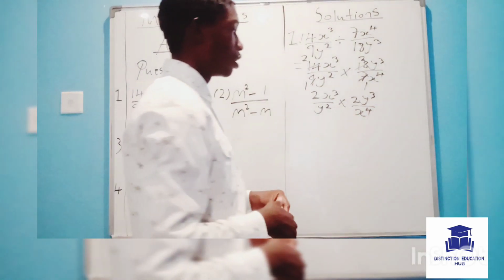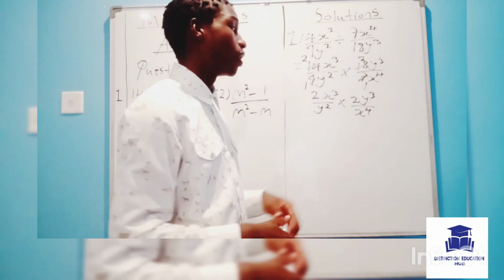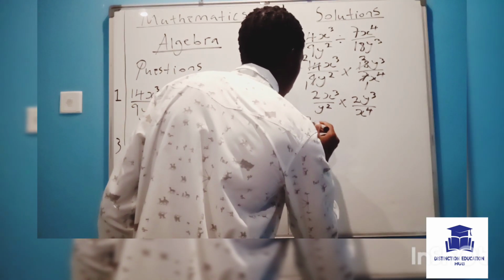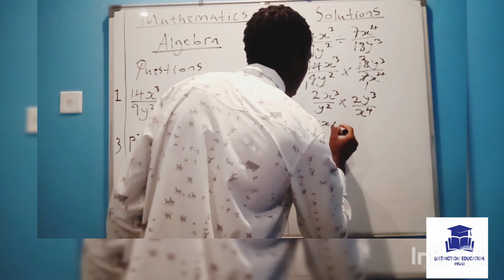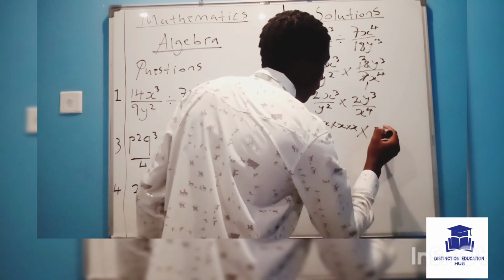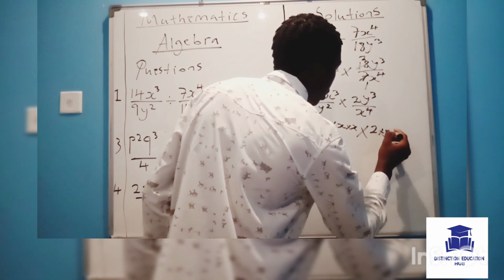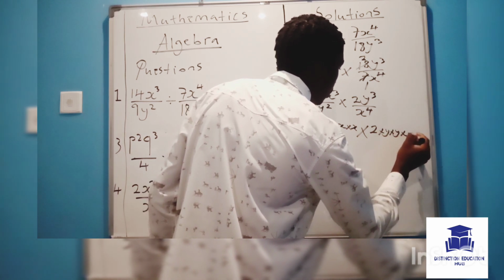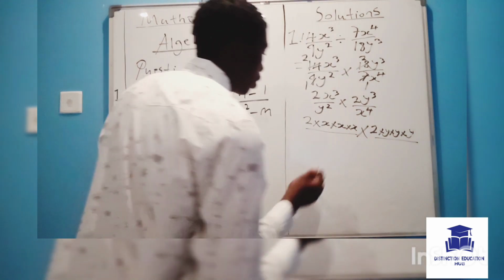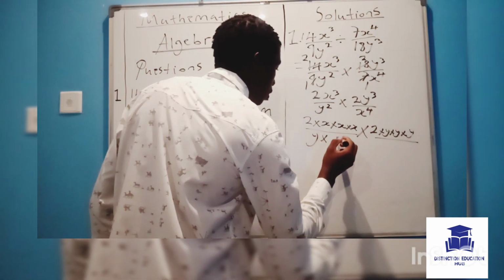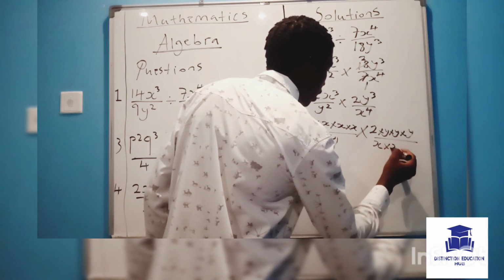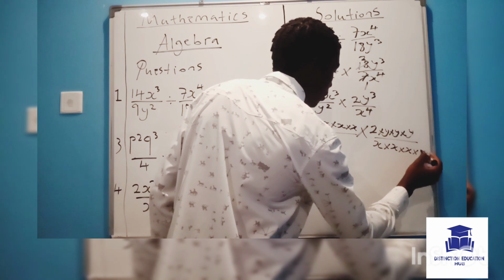And after you do that, you can use expansion method to make your work easier. You do 2 times x times x times x, 2 times y times y times y, over y times y, x times x times x times x.